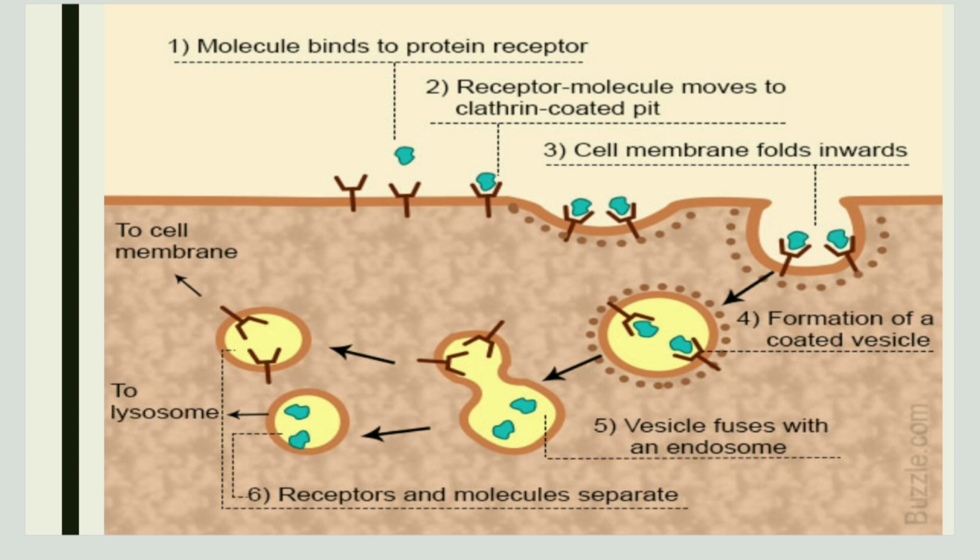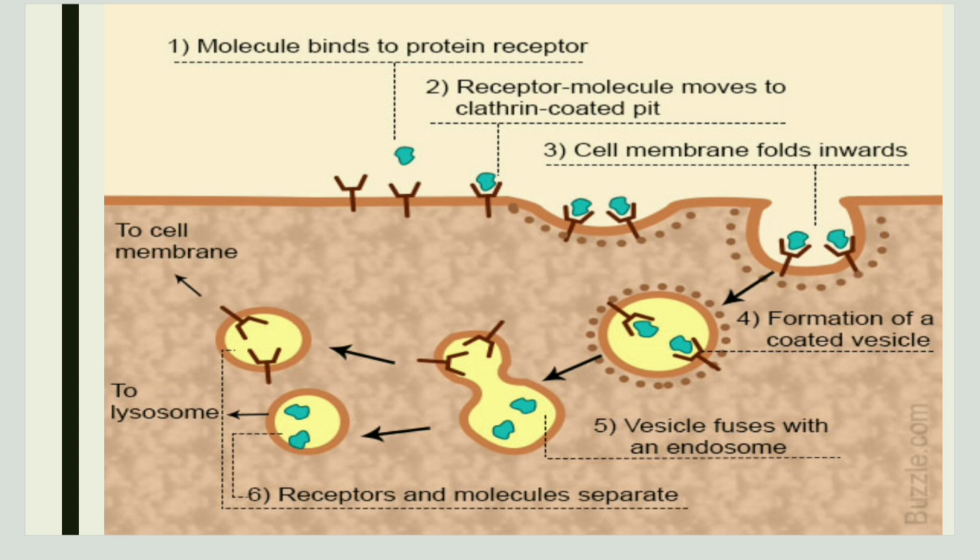The first step is that specific molecules come and bind to the receptors, and these receptors are coated with protein. Once they are bound, a clathrin coated pit occurs. The cell membrane starts to fold inwards, and vesicles form, that is, clathrin coated vesicles.